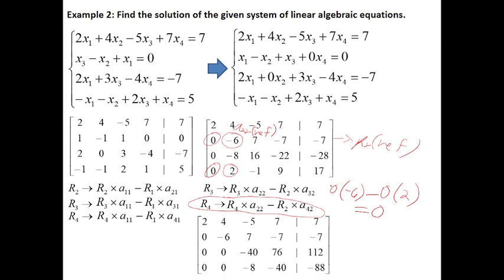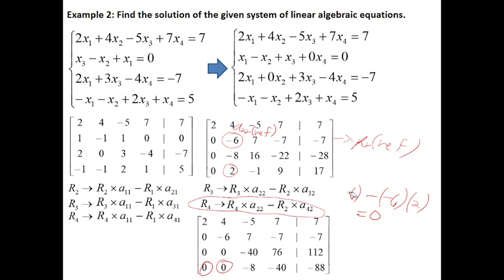Kaya nakuha yun, 0. Tapos, pangalawa, 2 times negative 6 minus negative 6 times 2. 0, di ba? Kaya nakuha yun, 0. Okay?